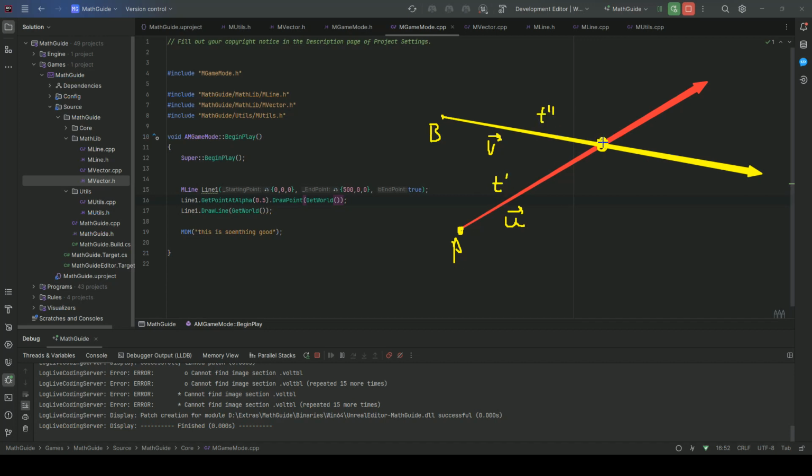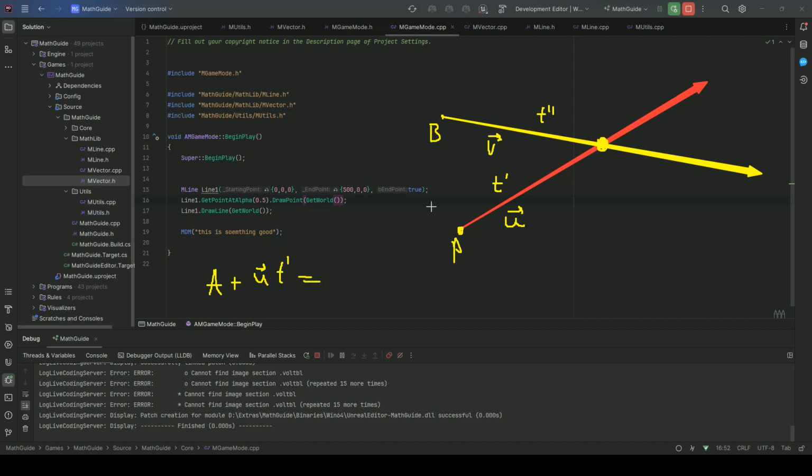So this point, if I want to write it in terms of A, will be A plus U into T, because T is alpha, A plus U into T1. This will give you a point which is at the intersection, right?